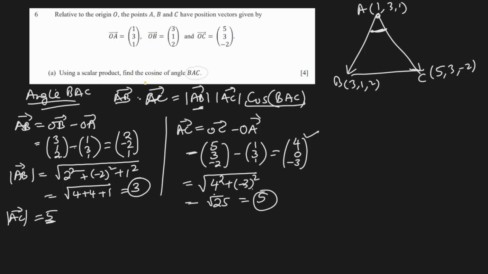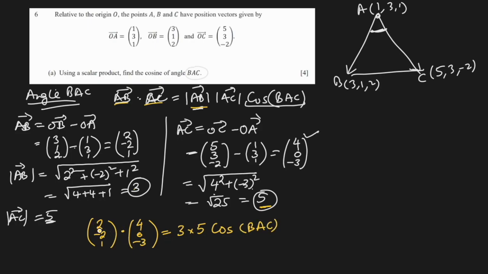Alright, first AB dot AC. AB is 2, minus 2, 1. Dot AC 4, 0, minus 3 equal to magnitude of AB is 3 multiplied by magnitude of AC cosine of BAC.